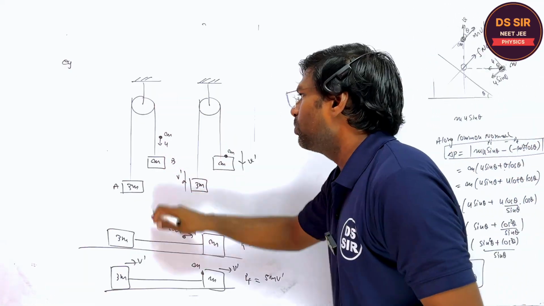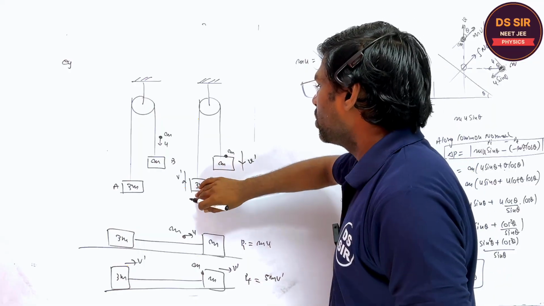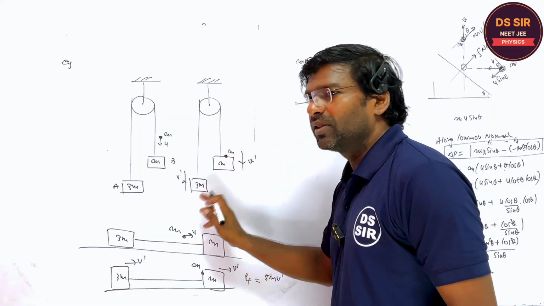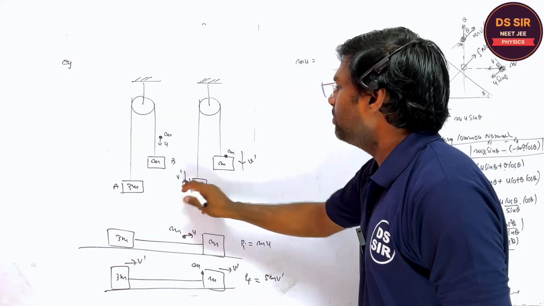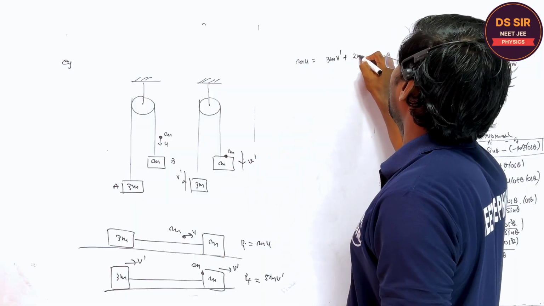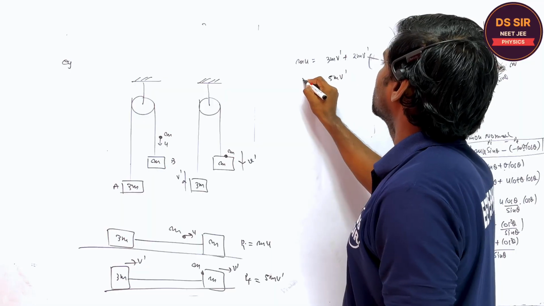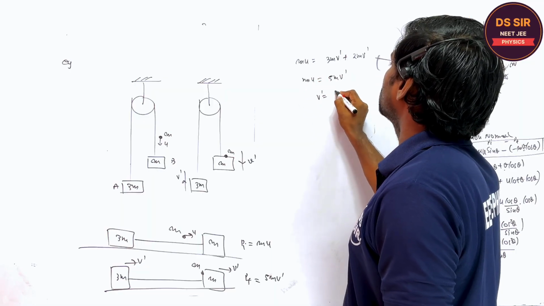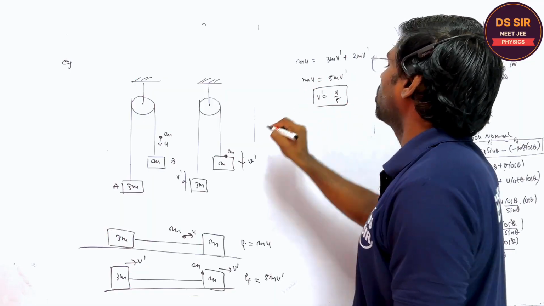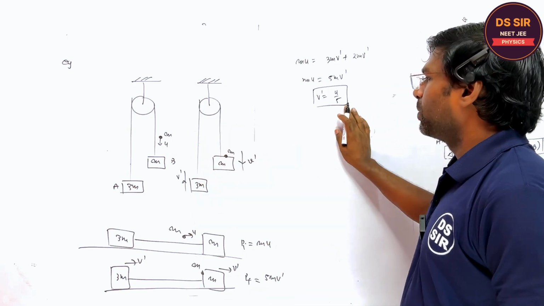So what is the initial momentum? Initial momentum is mu. When it sticks, all the system starts moving with the speed v dash, 3m v dash plus 2m v dash. So what is the v dash? This is mu. So v dash is equal to u by 5. Is it clear or not, you tell? So the common velocity is u by 5.